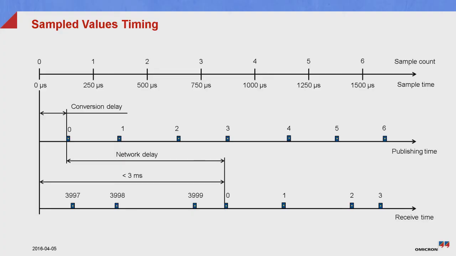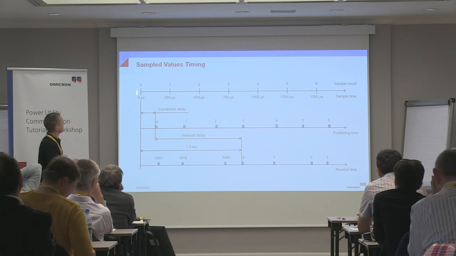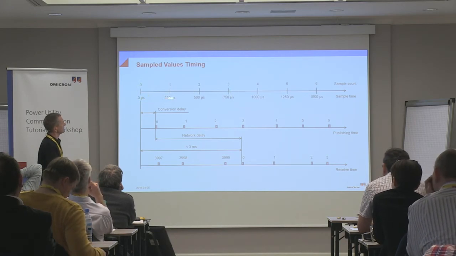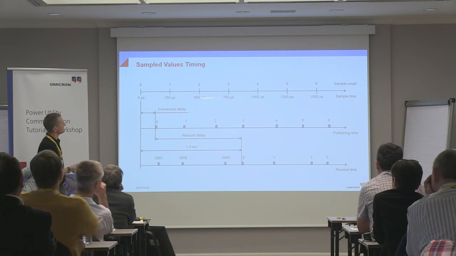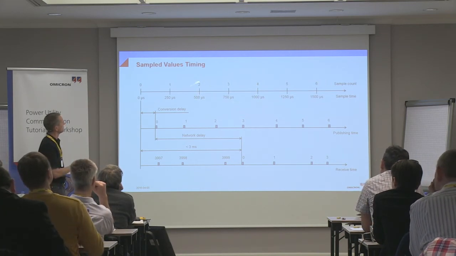A little bit about the timing. Here is an example of how that would work with 4000 Hertz, with one version out of 92LE. Here are the points in time. This is the start of the second, the top of the second, and that's the time after the start of the second where we sample values with this sample count here.